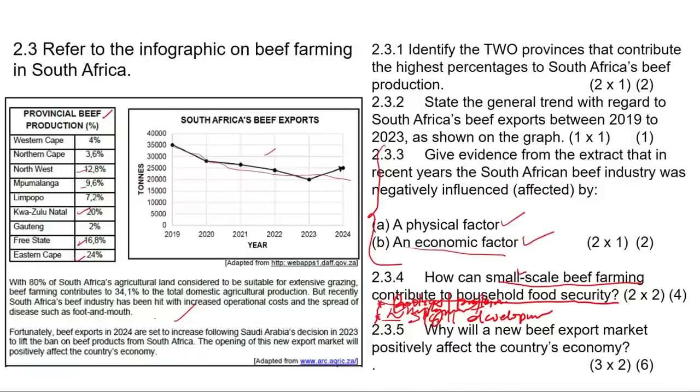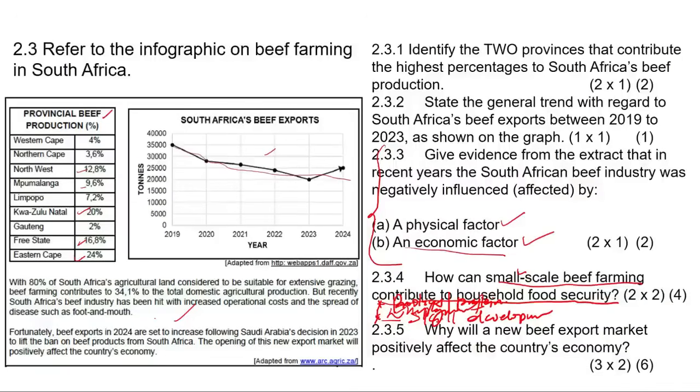We said beef farming results in skill development, because for you to be a farmer, for you to be able to produce good quality beef, what must happen? You must have skills. So once you have skills, you can find jobs. Once you get jobs, you are able to buy food for yourself. So that is how it can contribute.